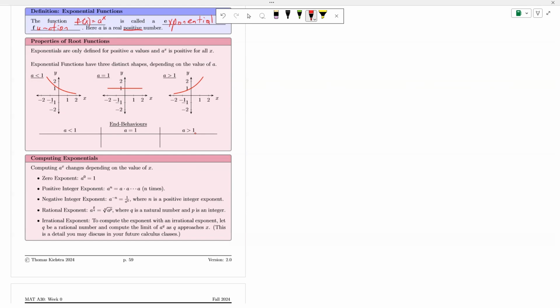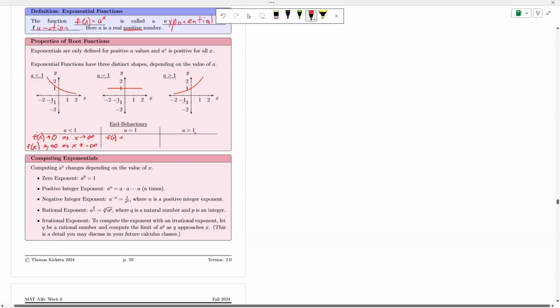Now let's summarize these end behaviors. If a is less than 1, then for the right end behavior, f of x approaches 0 as x approaches infinity, and the left end behavior is infinity. So f of x approaches infinity as x approaches minus infinity. When a equals 1, the end behaviors are both 1.